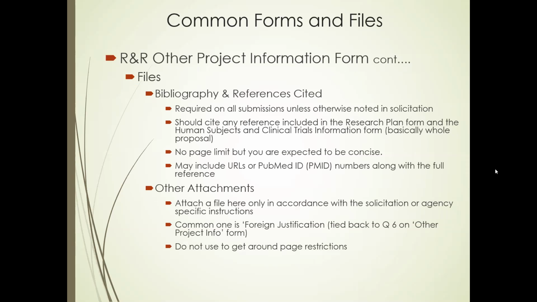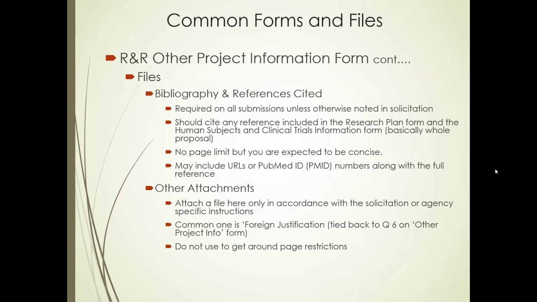Your bibliography and references cited are required on all submissions unless it's noted specifically in the solicitation that it's not supposed to be attached. And you can cite the references in any length or as needed, but you're supposed to be as concise as possible.